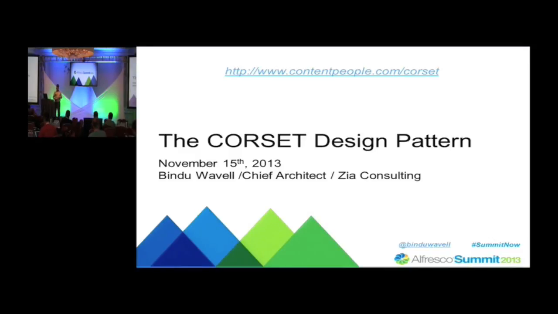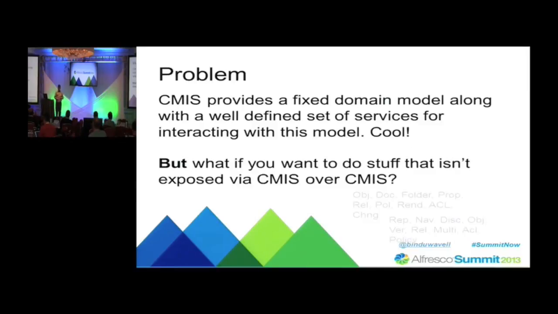We've also been working on some CMS-only client projects where architecturally we want a clear separation between a UI and Alfresco on the back end, and we want to use CMS for that. That can be challenging because CMS has a very clear domain model, a set of objects (documents, folders, properties) and a clear set of things you can do with those, and you can't extend that.